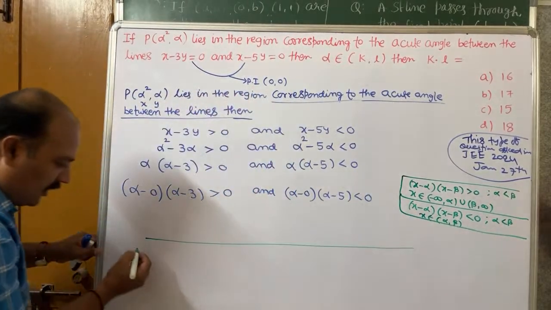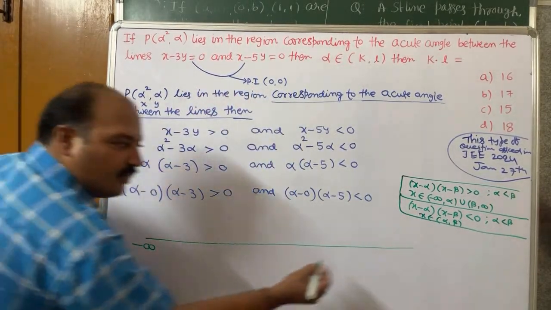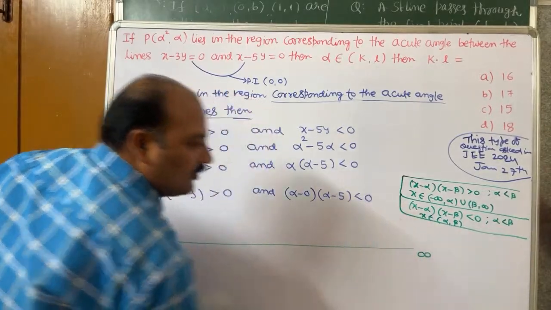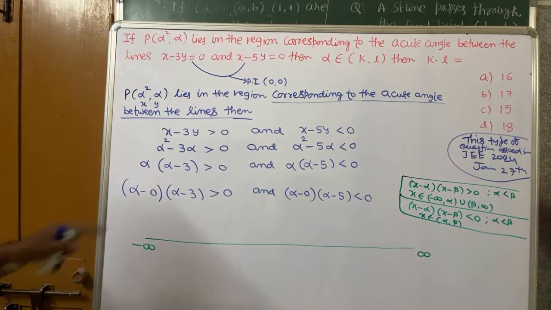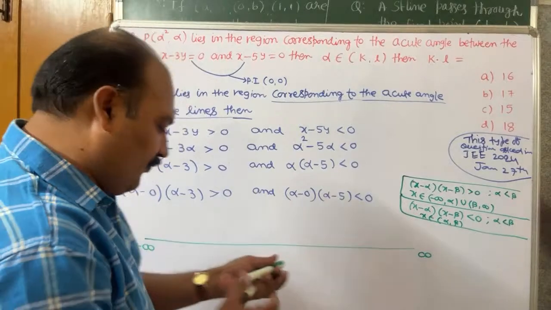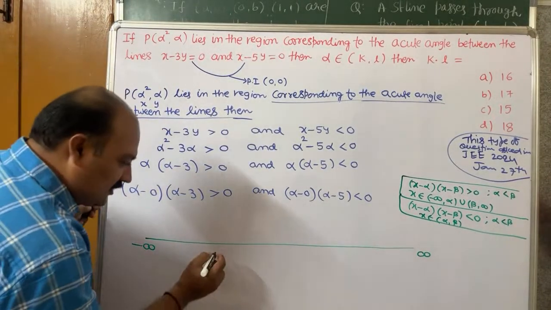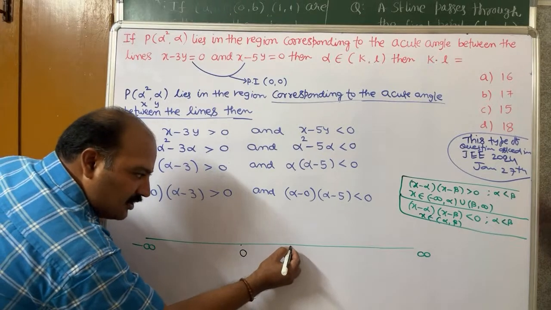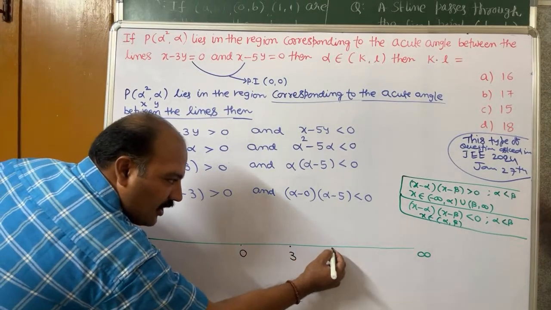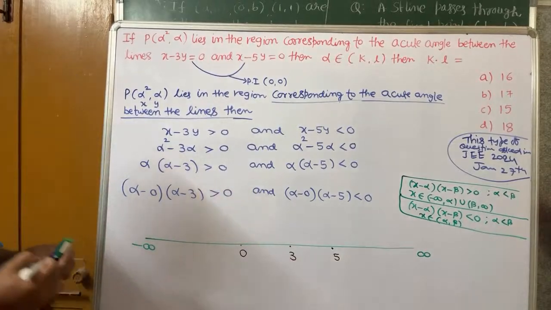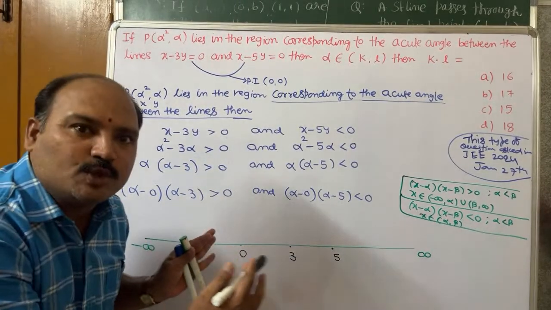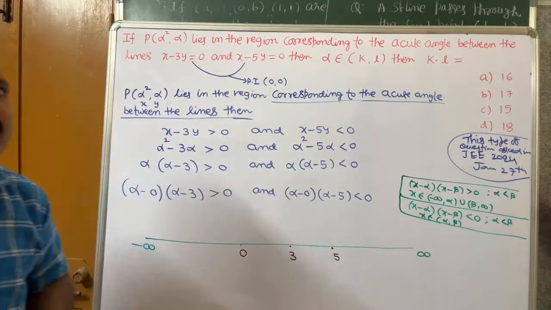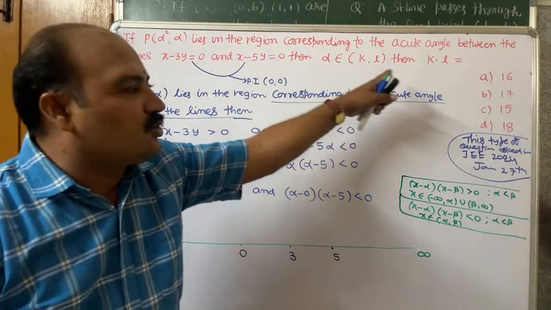So I will represent on the real number line. This is minus infinity, this is plus infinity. Next here 0, 3, 0, 5. Here I am writing 0, here I am writing 3 and here I am writing 5. Whenever we are getting two intervals, we have to take the common interval as the answer.